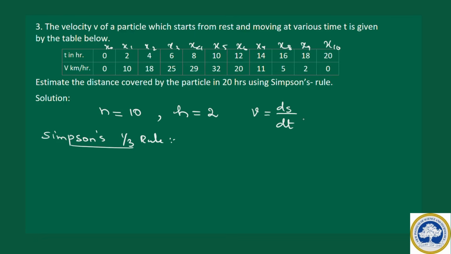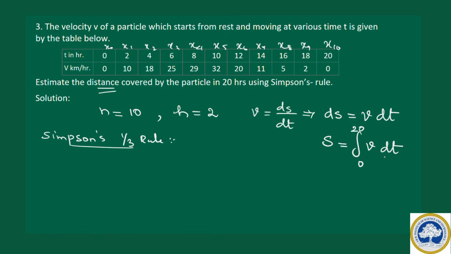What we want to find here is distance, that is s. So ds is v into dt, cross multiplying this dt. So s is nothing but the integral of v dt. The integration is taken from 0 to 20, because t stands for time, so time varies from 0 to 20 here.